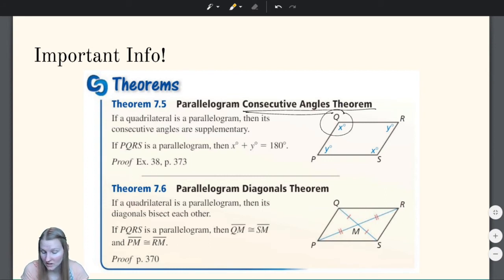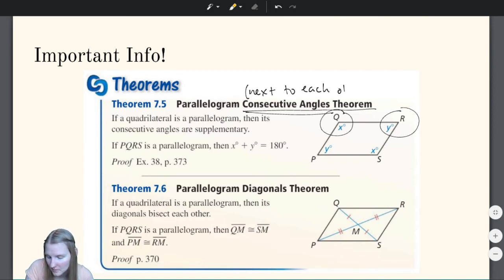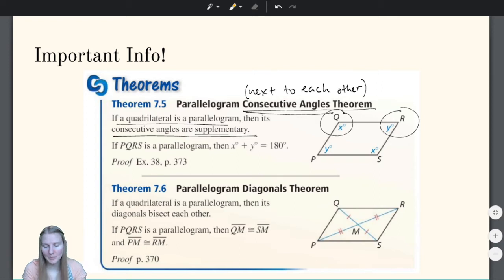So consecutive is angles that are next to each other. All right. If a quadrilateral is a parallelogram, if I have a parallelogram, then consecutive angles are supplementary.